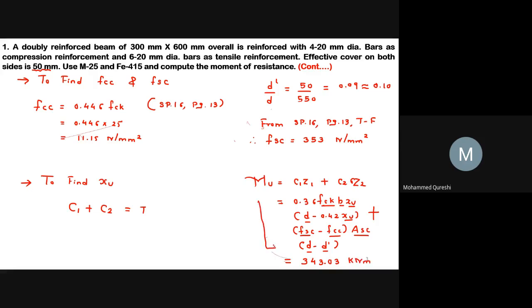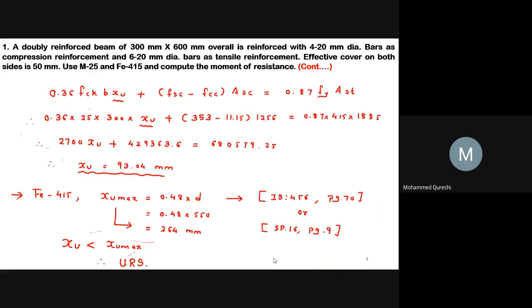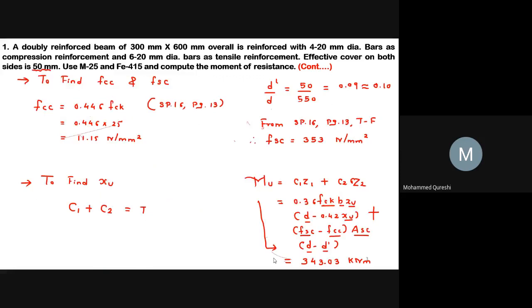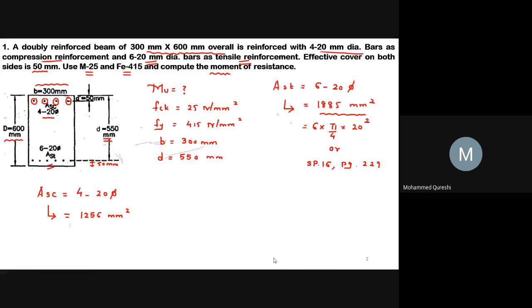So we had computed the moment of resistance Mu as 343.03 kilonewton meter. By this way, you may easily calculate the moment of resistance.